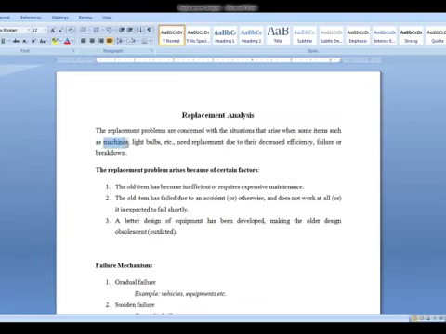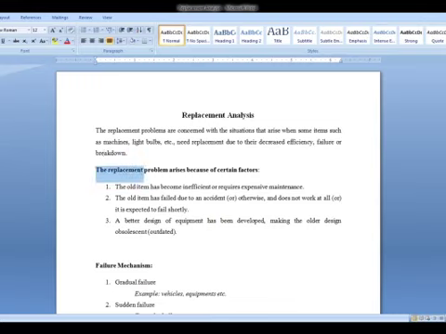Even light bulbs, all these things you replace basically because their efficiency has come down, maybe they are failing or having a breakdown. That's when to replace the vehicles, the cars, or all such items. Analyzing that itself is known as replacement analysis.